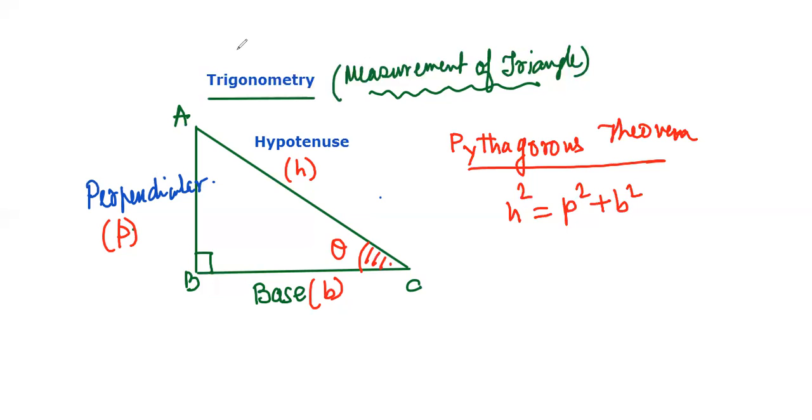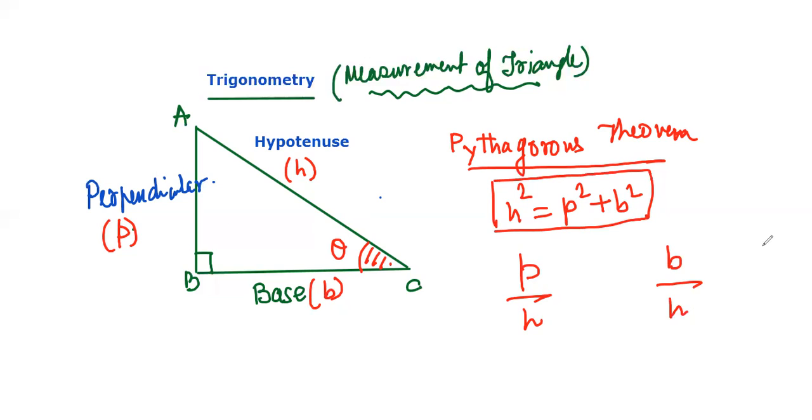Now one thing you have to understand, that there are three sides, and we can have how many ratios? We can have 3 plus 3, 6 ratios. Like I can write perpendicular by hypotenuse, I can write base upon hypotenuse, or I can write perpendicular by base.